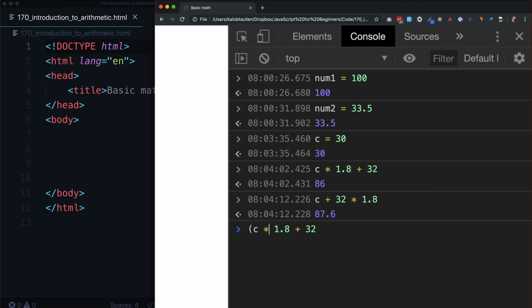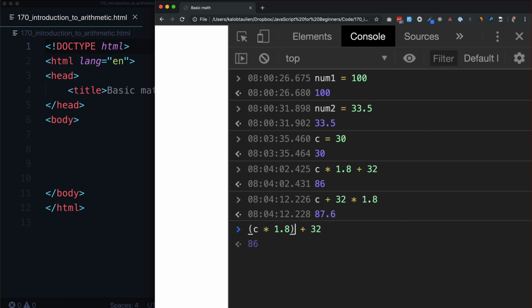And so this is the same as doing your brackets first. So you've got C, which is 30, multiplied by 1.8 plus 32. And so it's going to do this first, and then whatever that is, it's going to add 32 on top of it. And so that's a super, super fast crash course into basic algebra, just the simple order of operations.